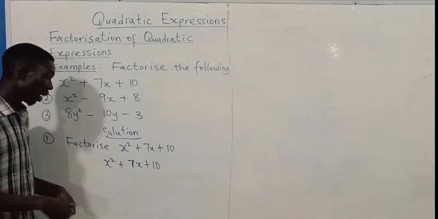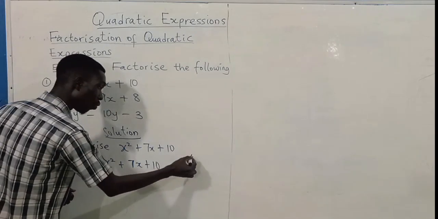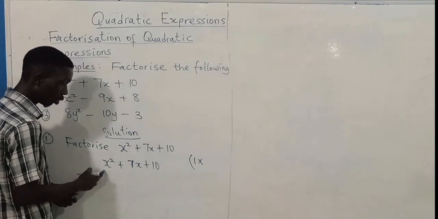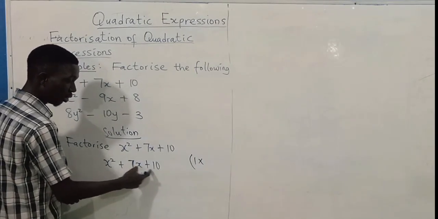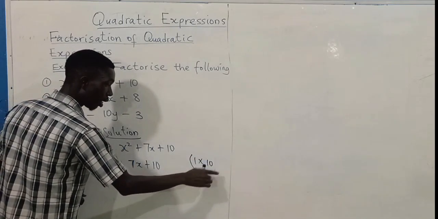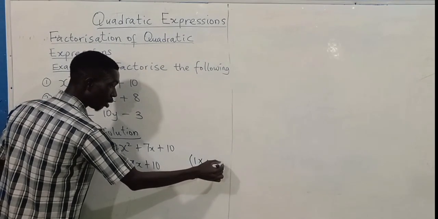So I'll do that by the side here. We're going to have 1 times 10, positive 1 times positive 10, and that gives me 10.